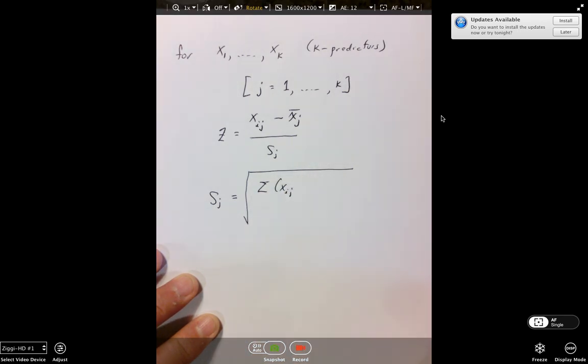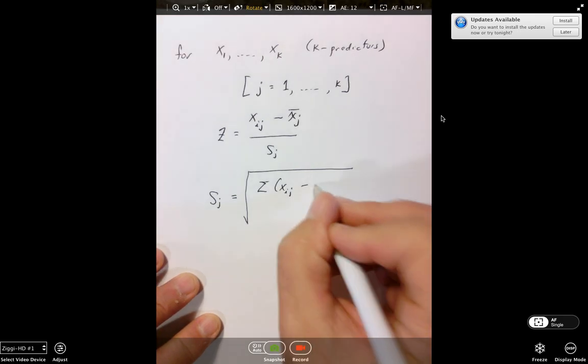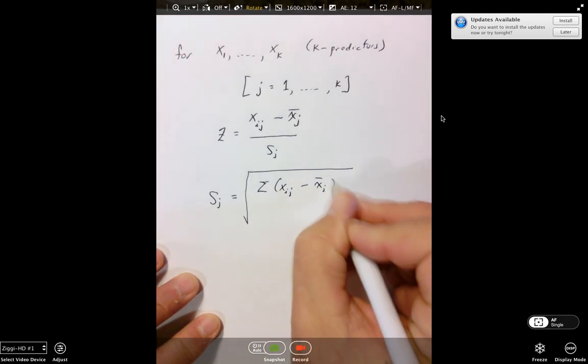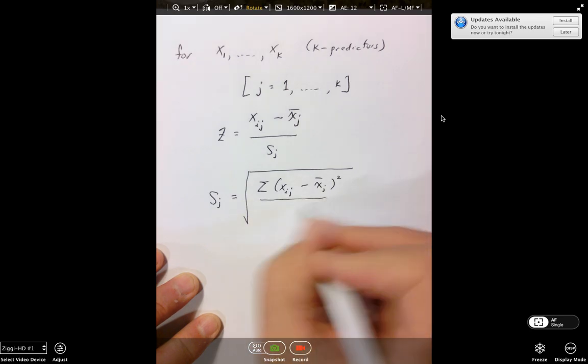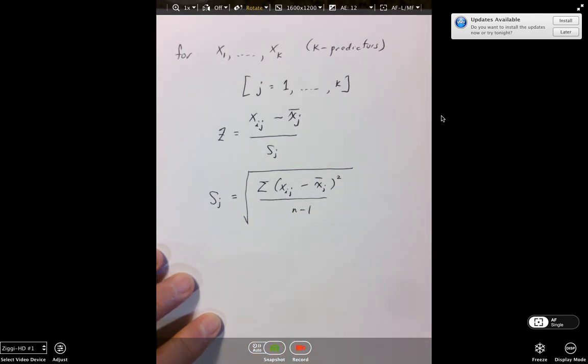So we take each entry in the jth variable minus the mean for the jth variable, squared, divided by n minus 1.